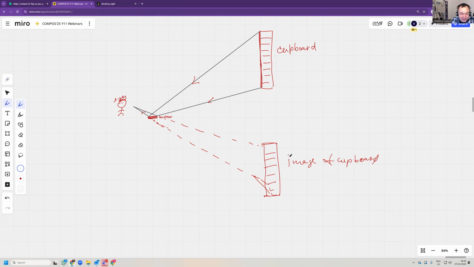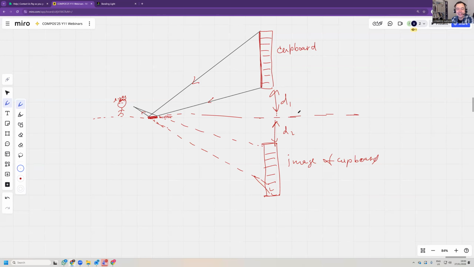The image is exactly the same, and if you draw a line through the mirror, the distance from the cupboard to the line containing the mirror is always the same. So D1 is D2. The cupboard is the same distance from the plane containing the phone as the image is from the plane containing the phone. If that makes sense.